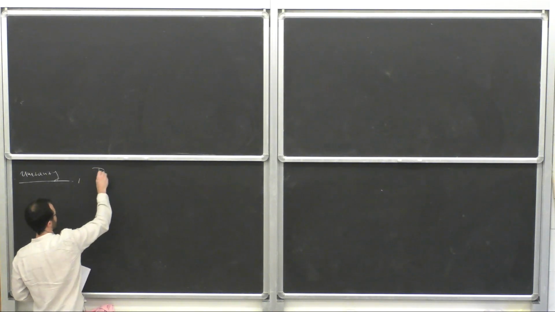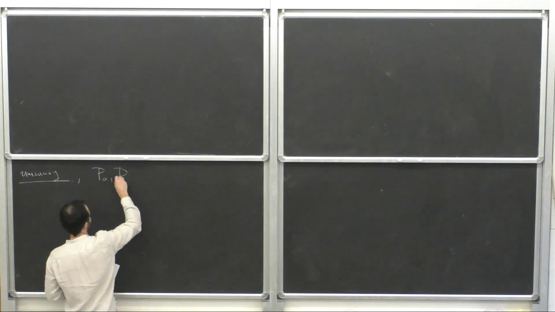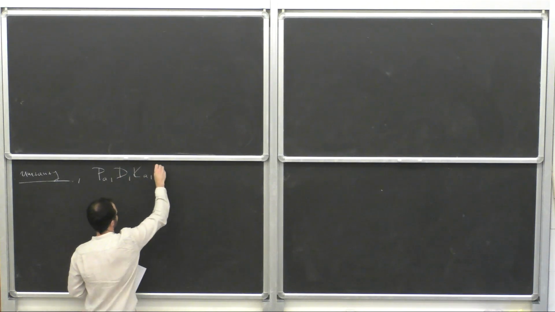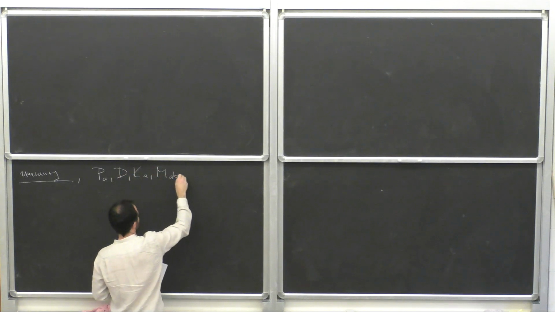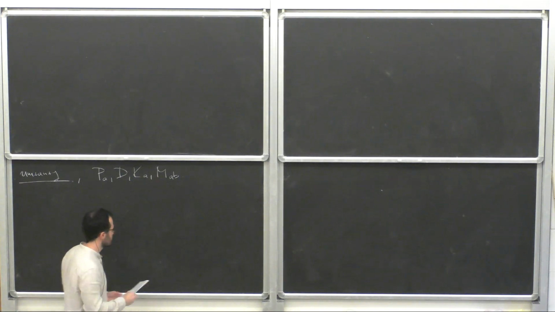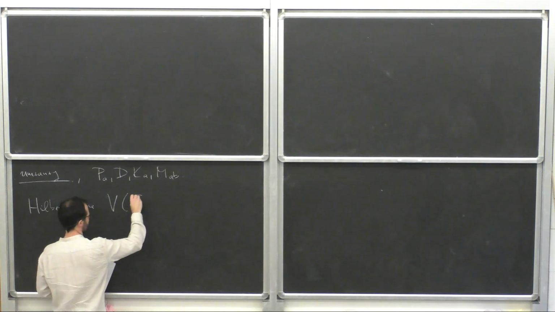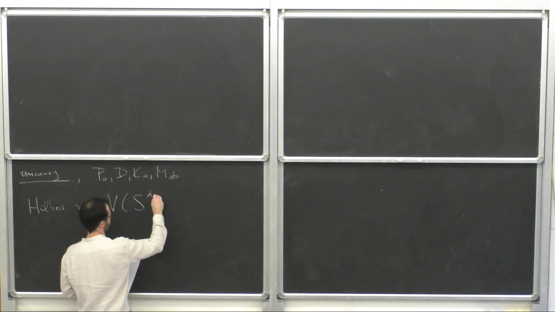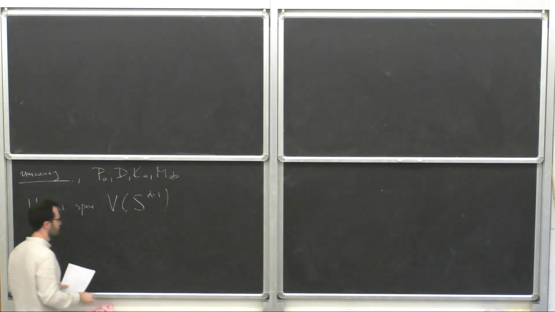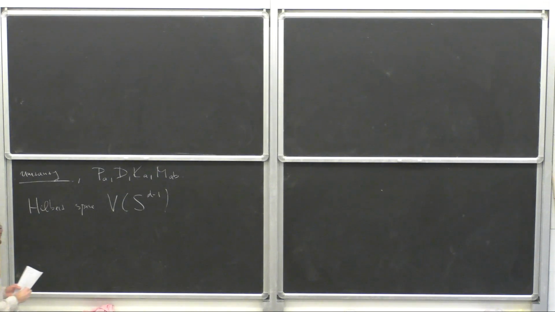Okay, so we have these generators that we talked about before, P, D, K, and M. Now let's think about a Hilbert space. We have our Hilbert space, which is the vector space that the CFT associates to S^(D-1), that we saw for the free scalar a moment ago.